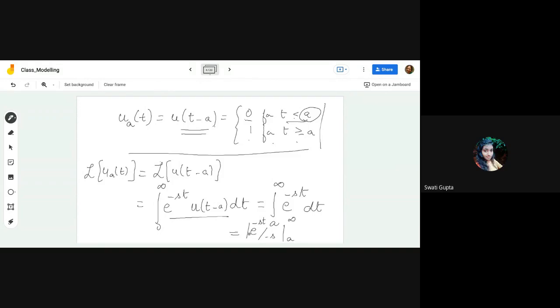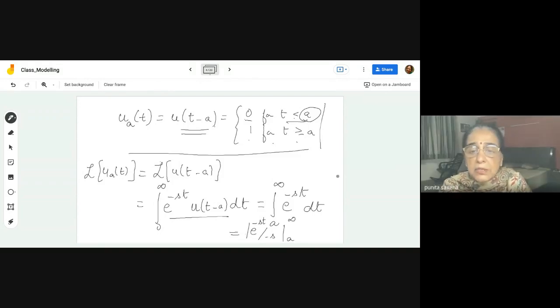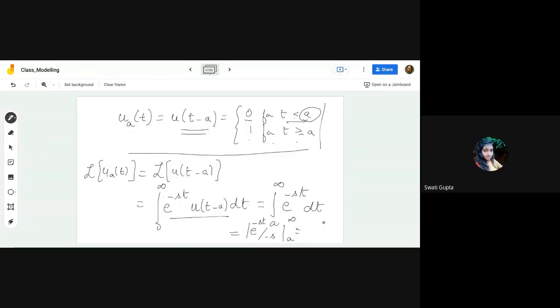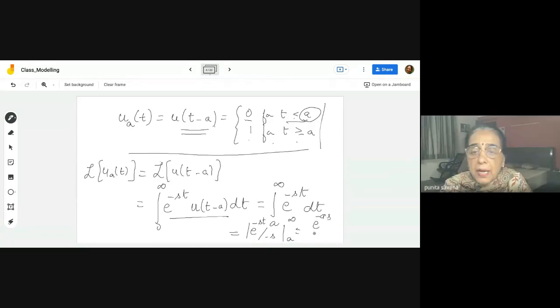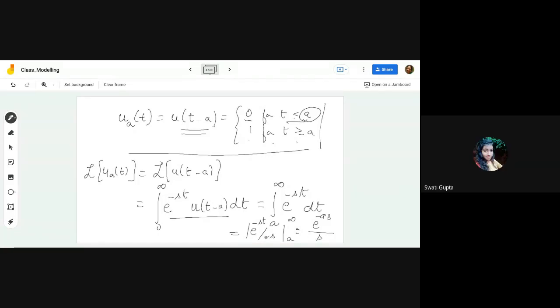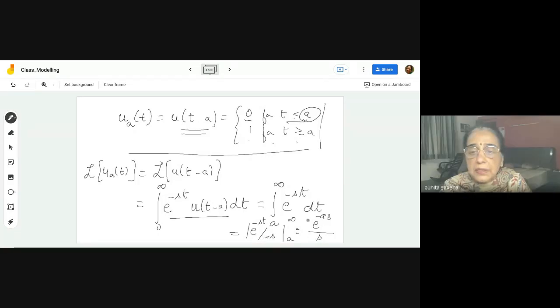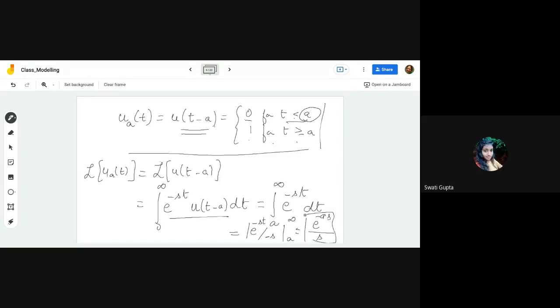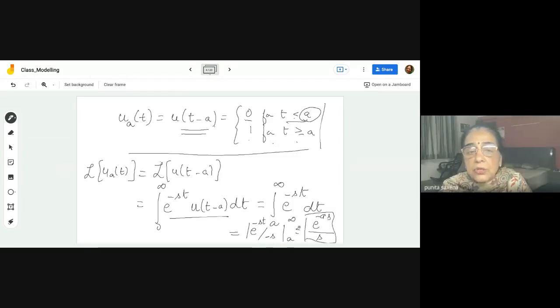So when you take the limits, what do you get? e to the power minus as by minus s, minus e to the power minus as by s... the minus sign will go away now. Yes, lower limit. So this is the Laplace transform for a step function.